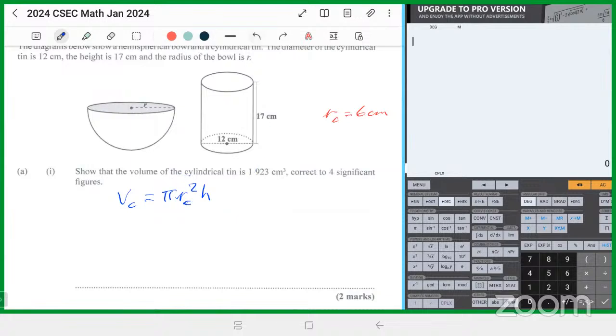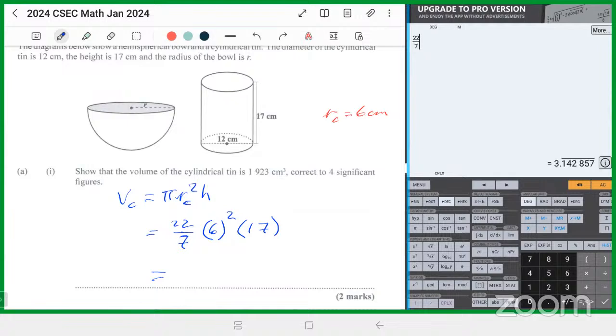So we're going to drop the values in there. The pi is 22/7. The radius, as we said, was 6. We're going to put 6 squared, and then the height is 17, and this should give us this value. Let's put it in the calculator over here. So it's 22/7 times 6 squared, that's 36, times that 17 height.